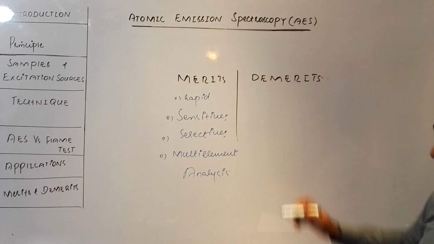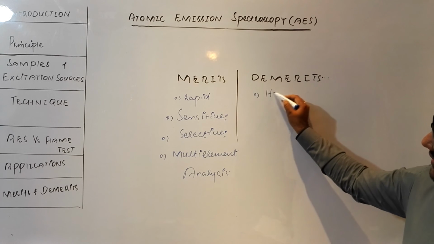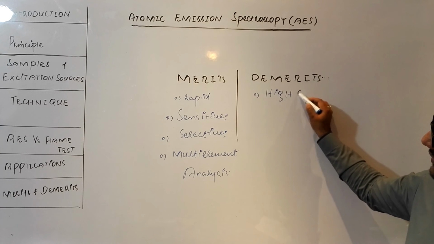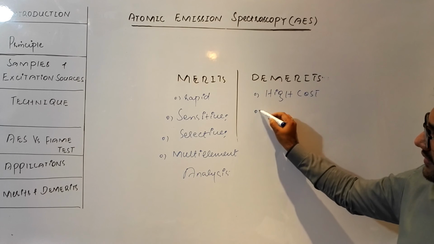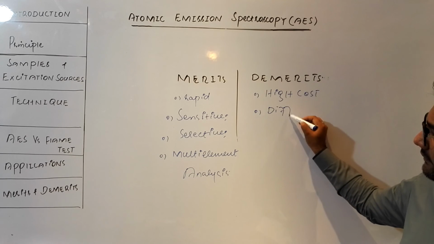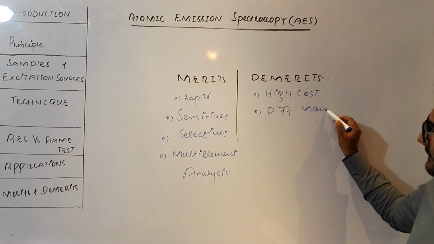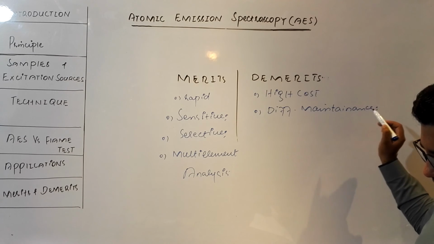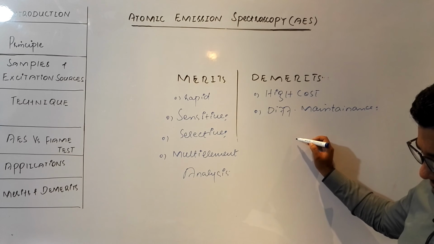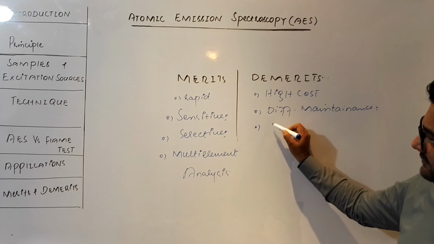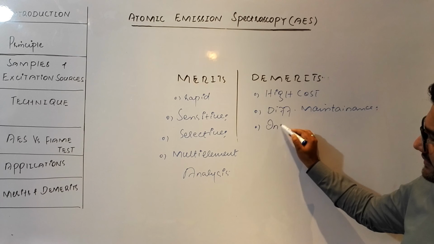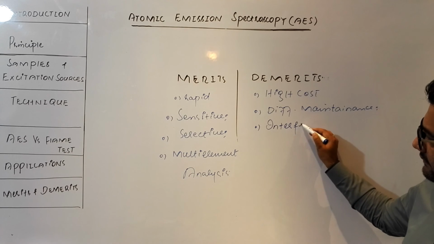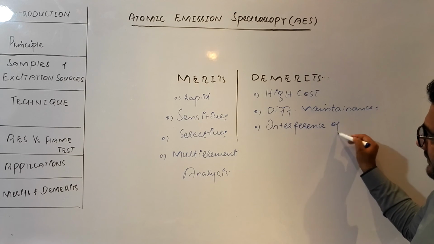And what are the demerits? Especially the demerit is the high cost of the apparatus, then difficult maintenance, then sometimes the interference of the source of excitation.